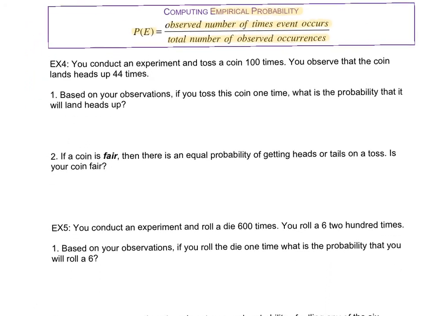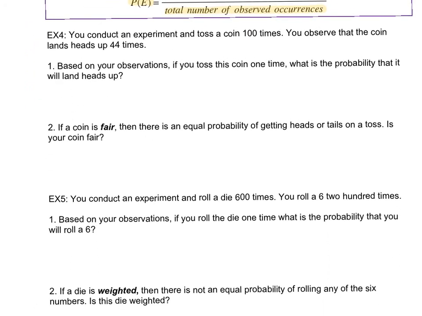Let's look at an example. Example 4, you conduct an experiment and toss a coin 100 times. You observe that the coin lands heads up 44 times. So part 1. Based on your observations, if you toss this coin one time, what is the probability that it will land heads up? So it's a probability. We're looking at a fraction.